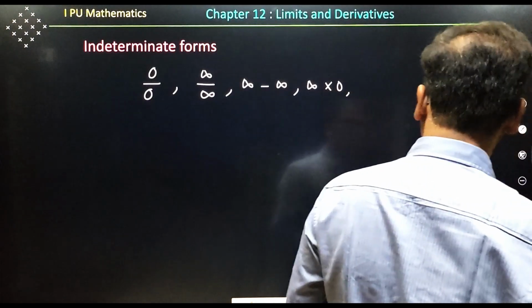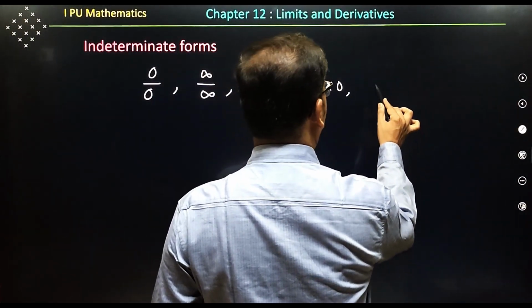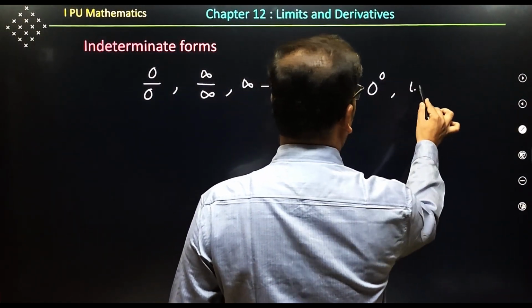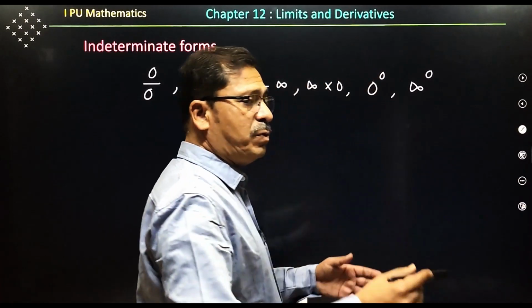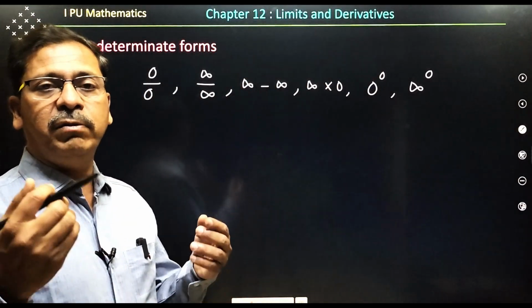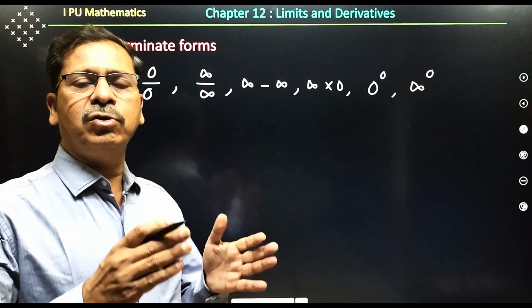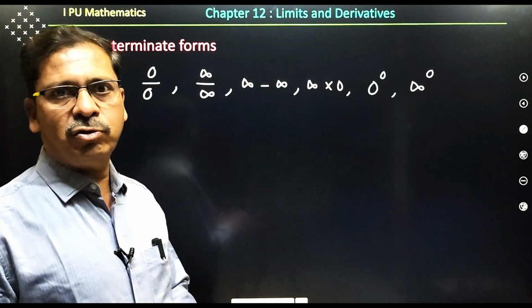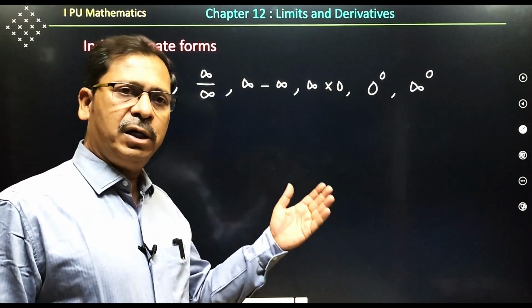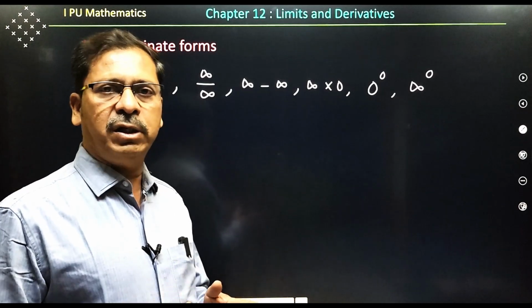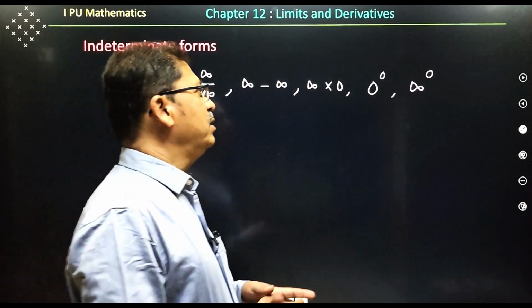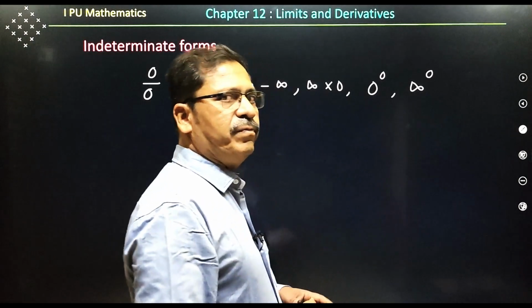0 raised to 0, infinity raised to 0. Observe here, since your primary level the teachers have made you mug up that anything raised to 0 is 1, but it is not so. At that level it is customary, every teacher will guide like that, but 0 raised to 0 is meaningless, it is indeterminate.